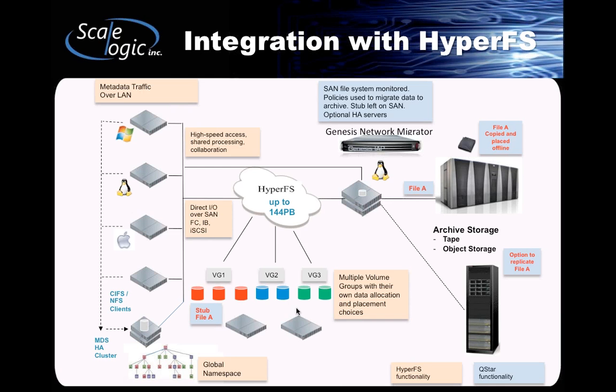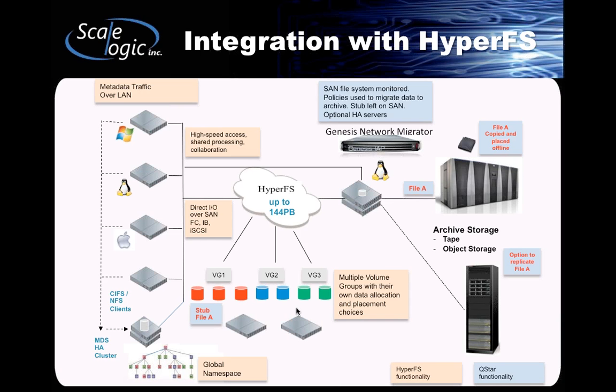And what this does is it allows you much better performance to your archive and really when you're retrieving your archive back. You can retrieve your archive right back into that fiber channel SAN and give access to those clients very, very quickly.